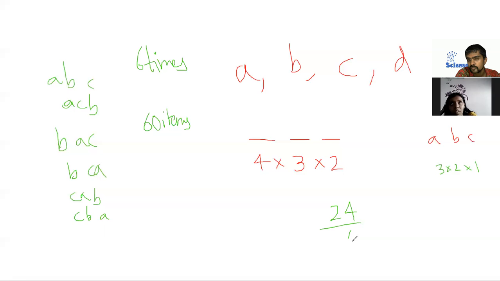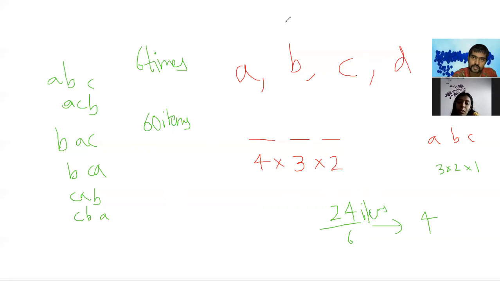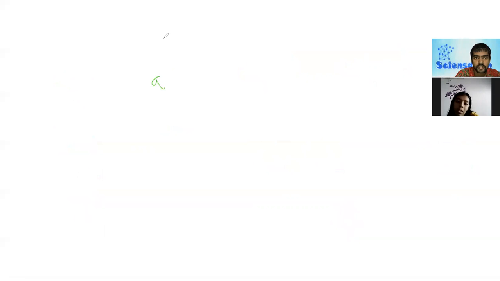24 divided by 6. I have 24 items. What do you mean by 24 items? See, Akansha, there is one team which is ABC. You leave out a D, that is one team. You leave out an A, that is BCD.